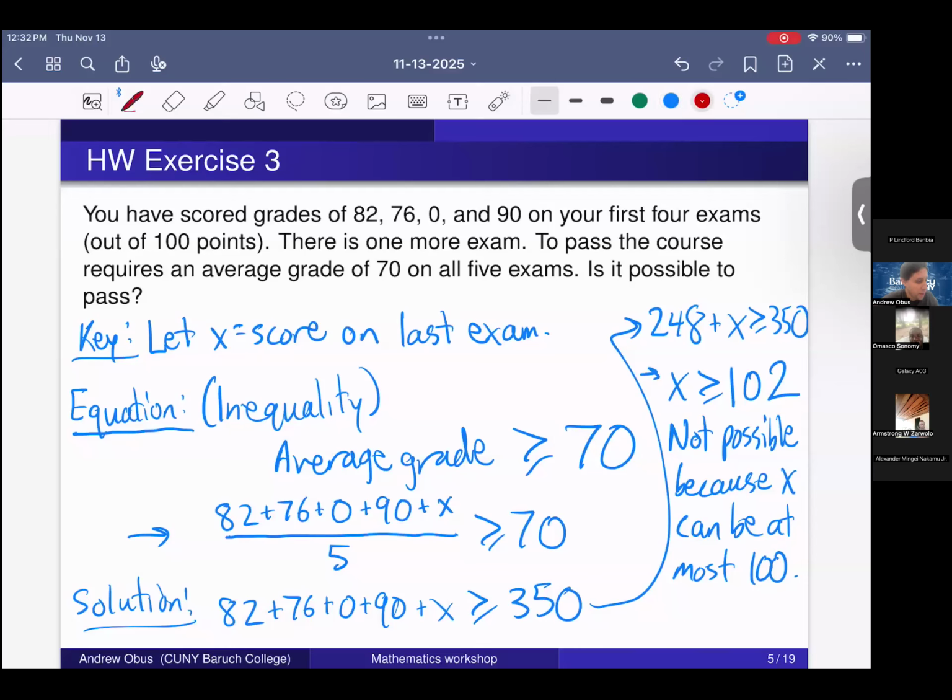I'm not going to do the check for this problem. But if you wanted to do the check, you would just punch in 102 and show that that gives an exam score of 70. Okay. No questions on this? Okay, so let's move on.